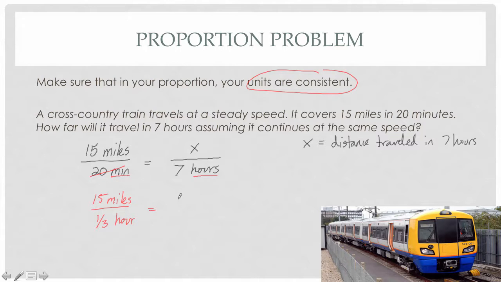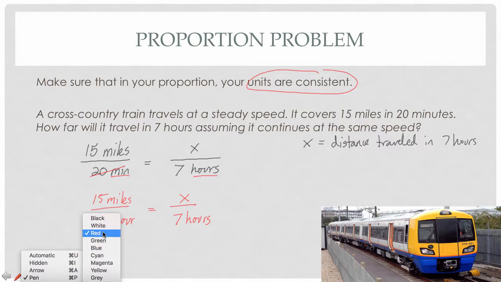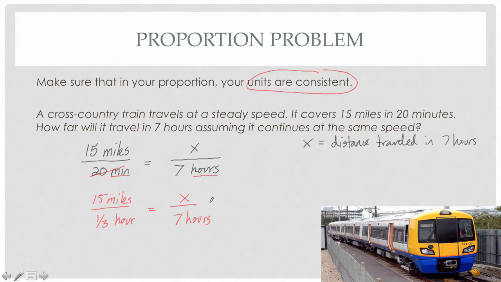How does that compare with our unknown miles for 7 hours? Again, there are a lot of different ways you could solve this. Use some algebra here and multiply both sides by 7, because 7 divided by 7 will leave x, and x equals 7 times 15 divided by 1/3, and we get 315.